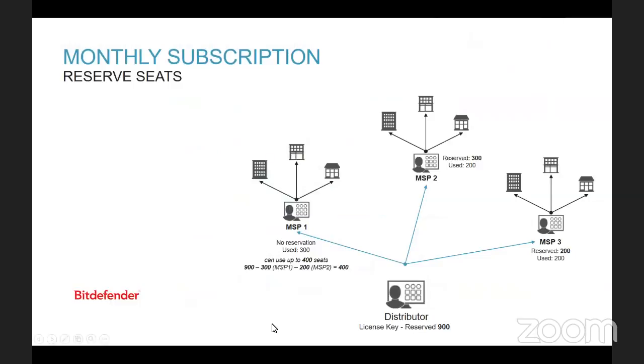And in our distribution model, right? We can provide you with reservations. Let's say over here, MSP1 has 400 seats. They'll give customer 1 100, customer 2 100, and customer 3 100, and they have an additional 100 seats left over. The reservation is used so that we're going to bill the distributor.